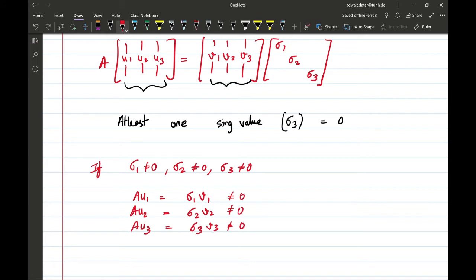So we would have outputs in all three orthogonal directions, which is contradicting what we saw earlier.